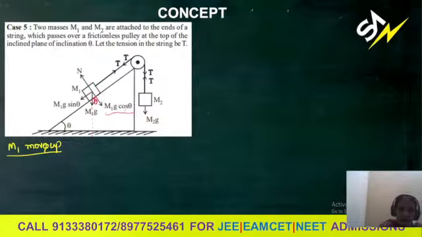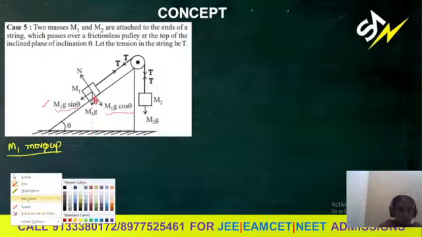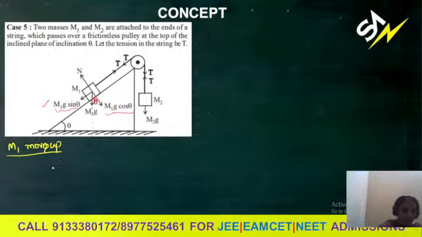It resolves into adjacent side M1G cos theta, opposite side M1G sin theta. Now, M1 has the tendency to move with this force. But we are taking the case if M1 moves up on the inclined surface.